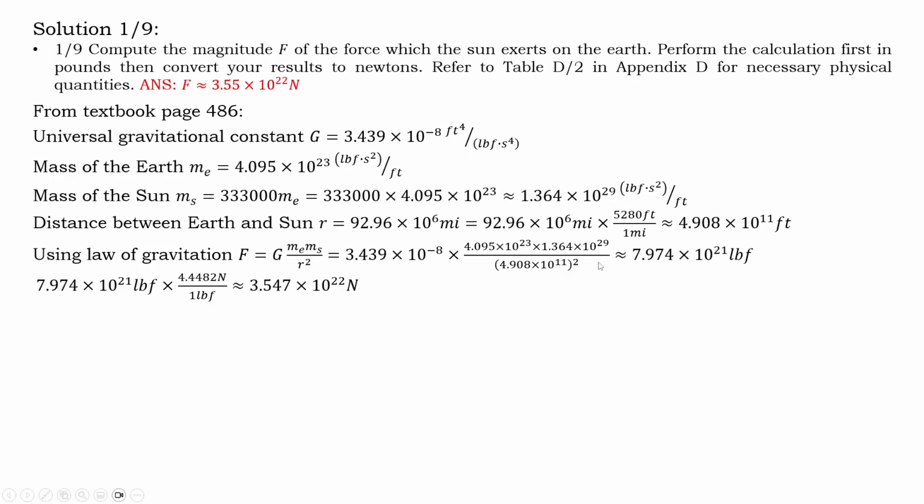We plug in the values and we find the final answer. After finding the value in pounds, now we need to convert it to newtons. As I said in the previous example, use 4.4482 newtons per pound.